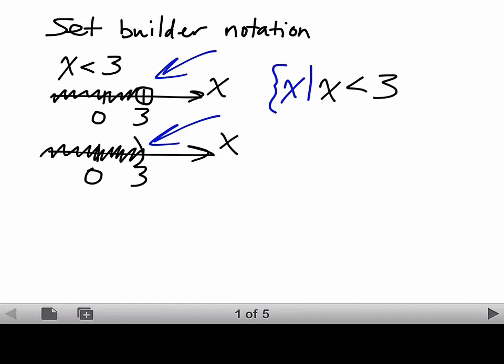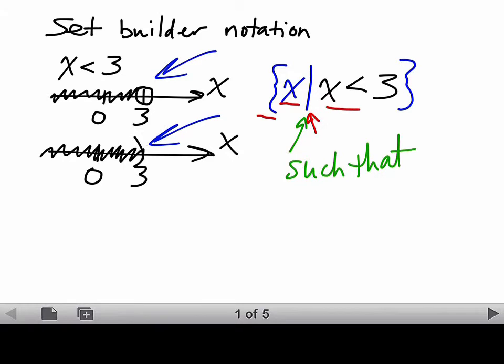And then a vertical line. And the vertical line simply means such that. We always have to remember to close our sets. And this is read simply the set of x such that x is less than 3.